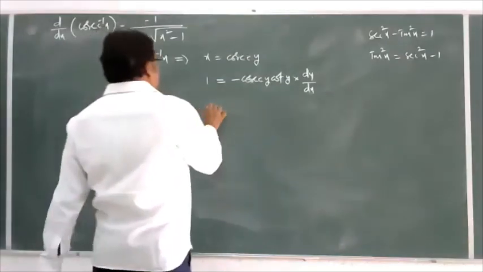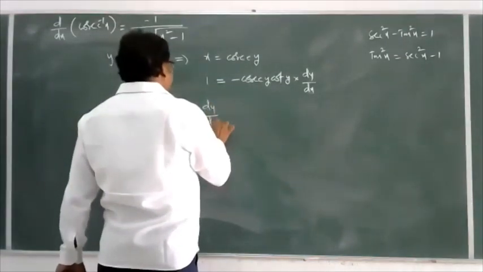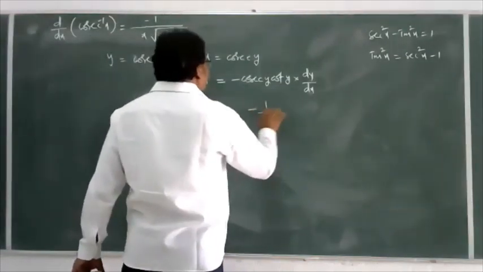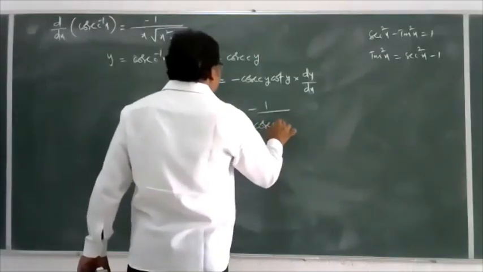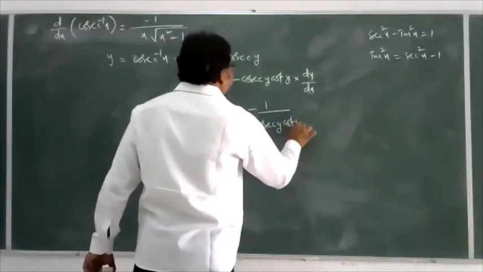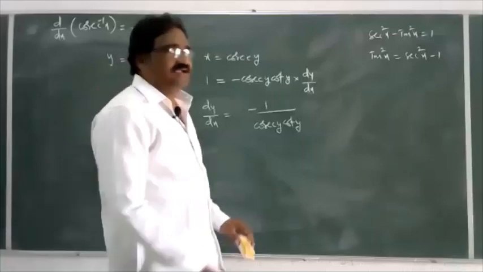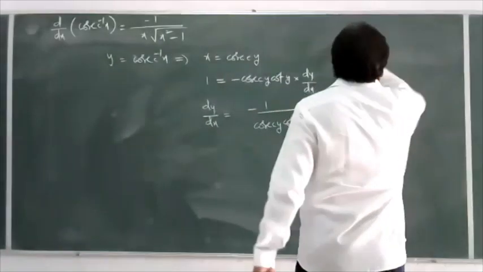So from this you get dy by dx is equal to minus 1 by cosecant y into cot y.